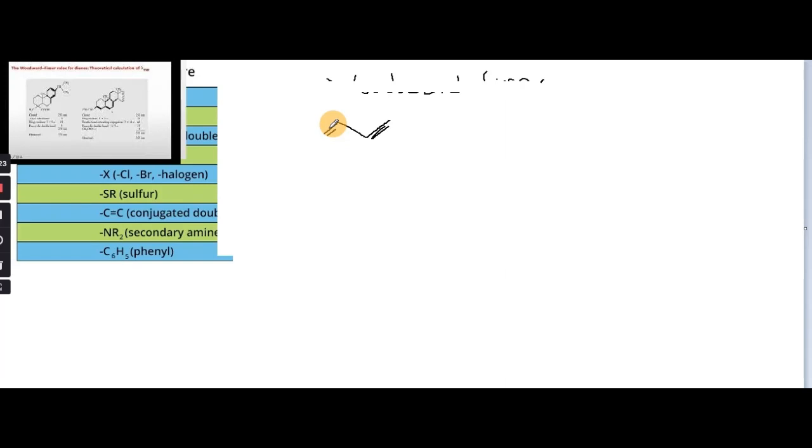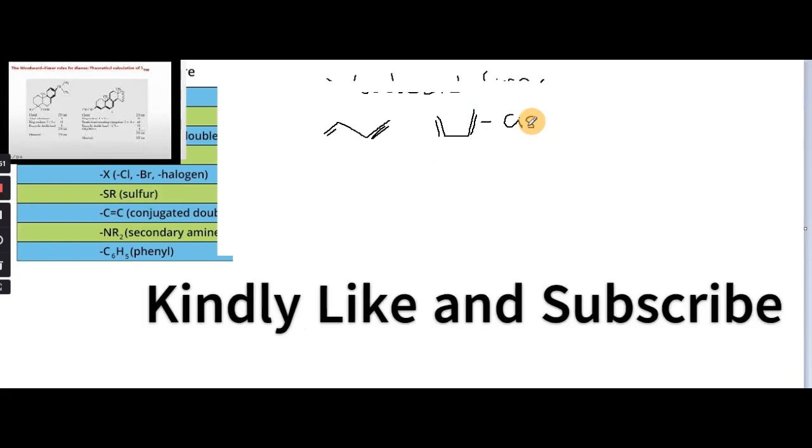We are going to look at also what is meant by a cis diene and a trans diene. A cis diene is a diene in which the double bonds are at the same side of the single bond.